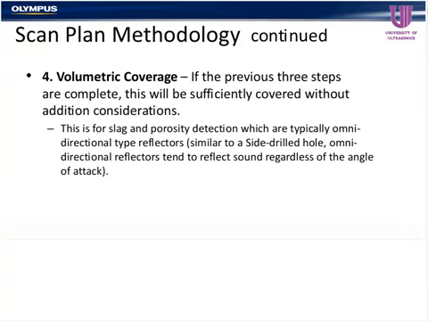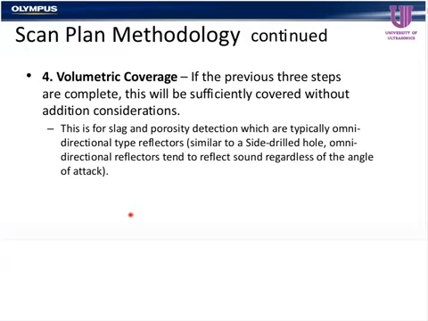Normally, or in most cases, those end up being what we like to call omnidirectional reflectors, which in a nutshell means that no matter what angle you use to approach these reflectors, they tend to give you a similar response. So if I choose 70 or 60 or 50 or 40 degrees and I look at a rounded type of indication, the amplitude is going to be fairly consistent.